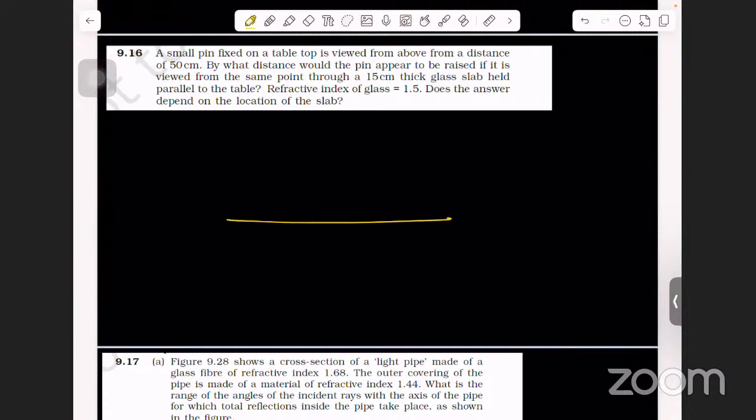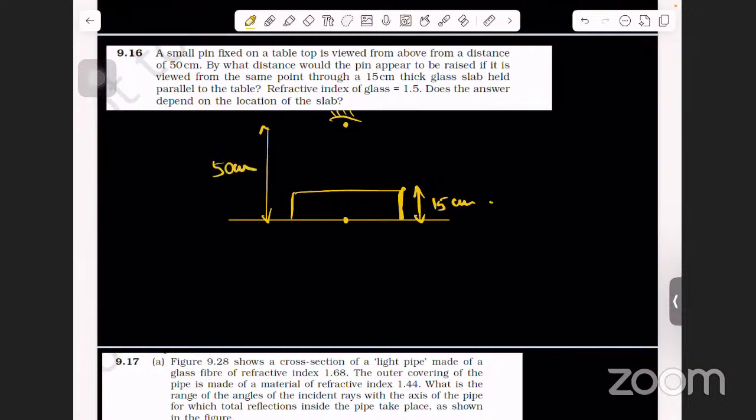It says there is a table, there is a pin, and you have put a glass slab over here, right? And the glass slab is 15 centimeters thick, and you are viewing from a distance of 50 centimeters. By what distance would the pin appear to be raised?